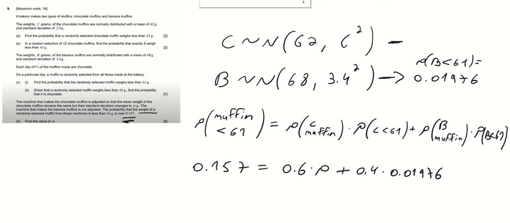So here what we have is an equation with P, and I solve for P. You just need to move the numbers to the left hand side and divide by 0.6, and we get that P is 0.24853.